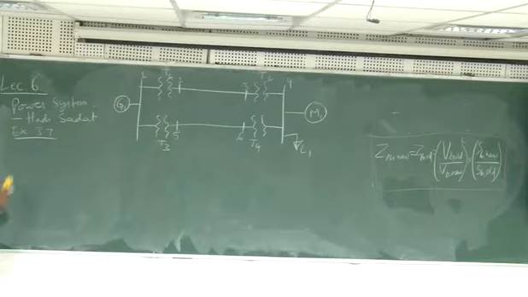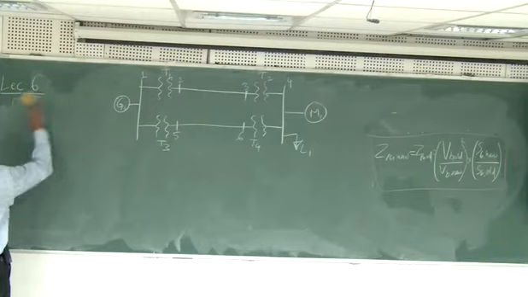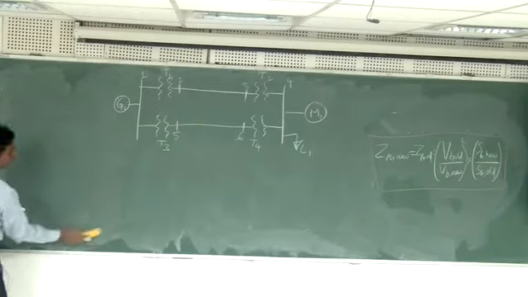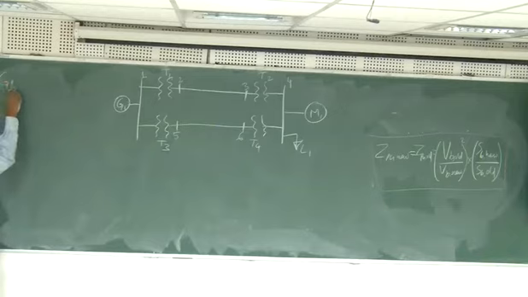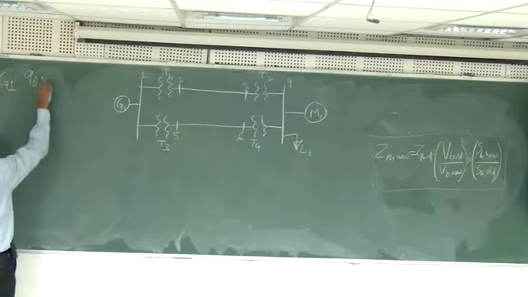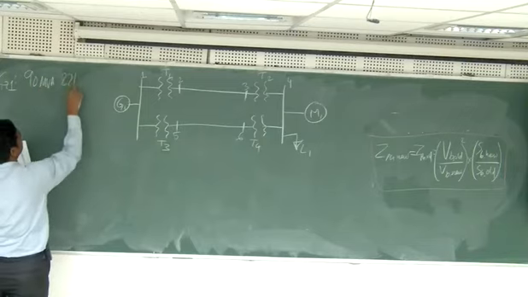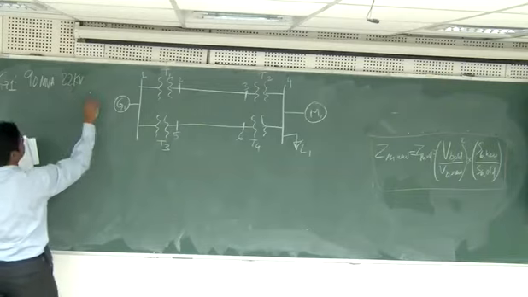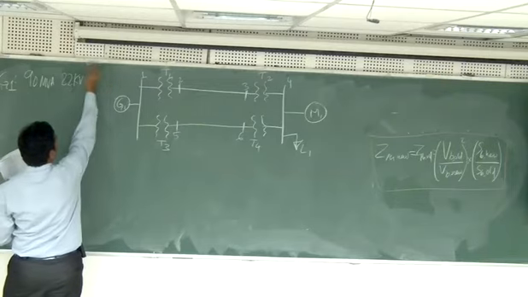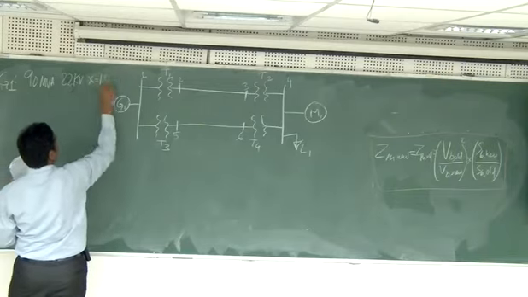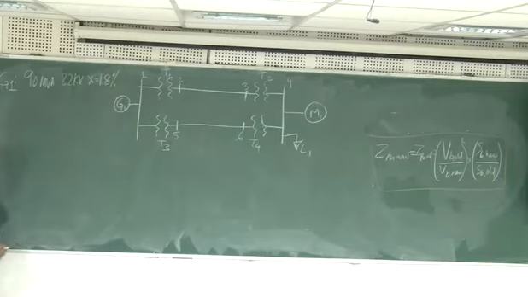Now I'll give the data of the system. G1: 90 MVA, 22 kV, and 18%. So X is 18%. What does this mean?